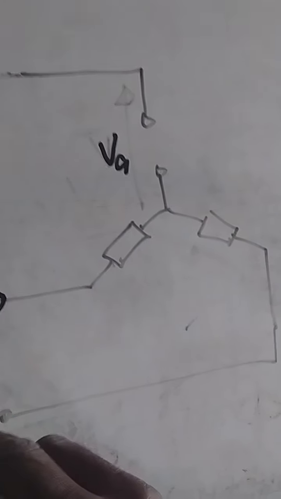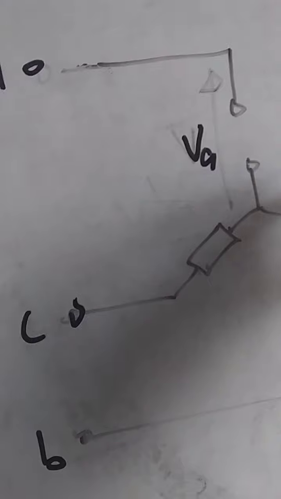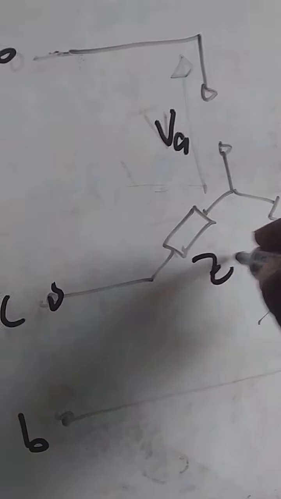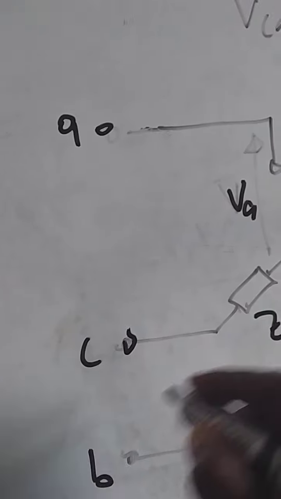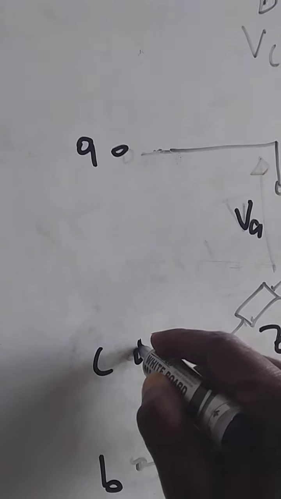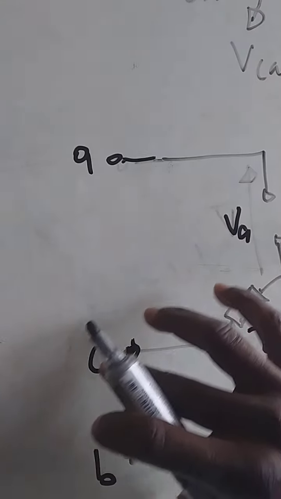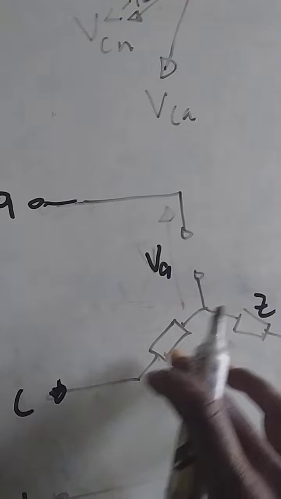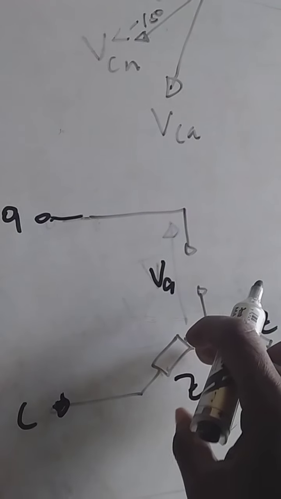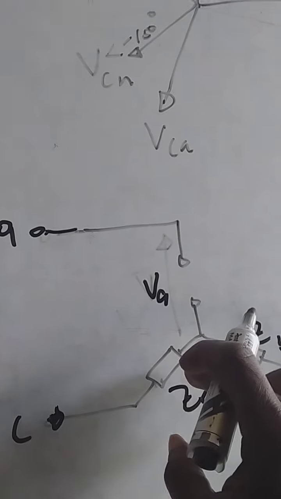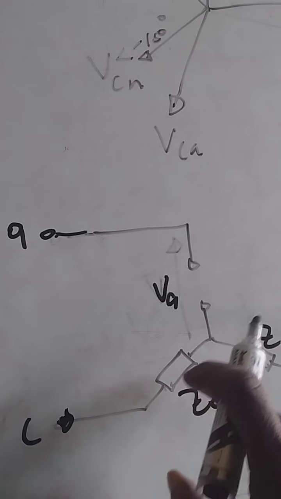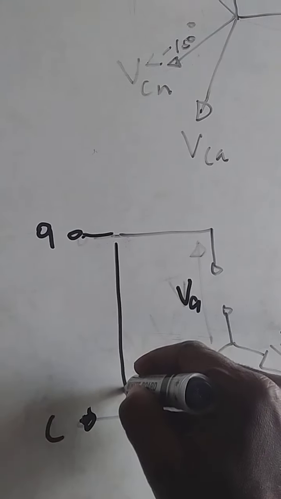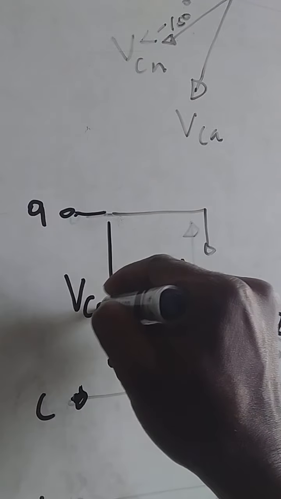So this is A, this is C, this is B. Now this is ZB, this is ZC. Right. When you take a particular point here, you can take this line as a closed circuit and use Kirchhoff's law to determine the voltage drop here. The voltage across here is VCA.